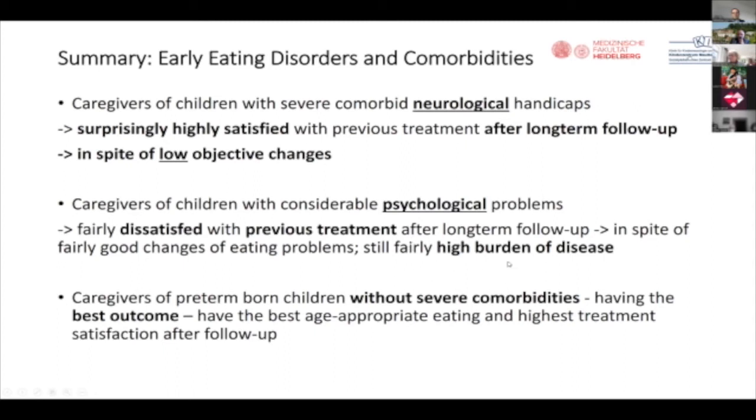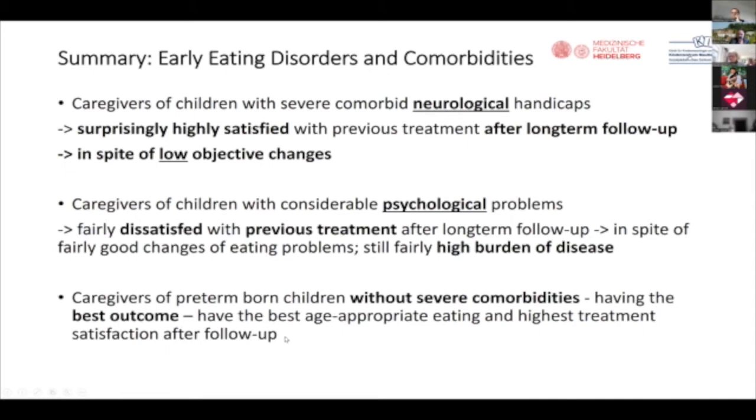And they still experienced a high burden of disease even after years. And certainly caregivers of preterm born children without severe comorbidities had the best outcome. Also, they had the best age-appropriate eating and the highest treatment satisfaction, as we also expected.